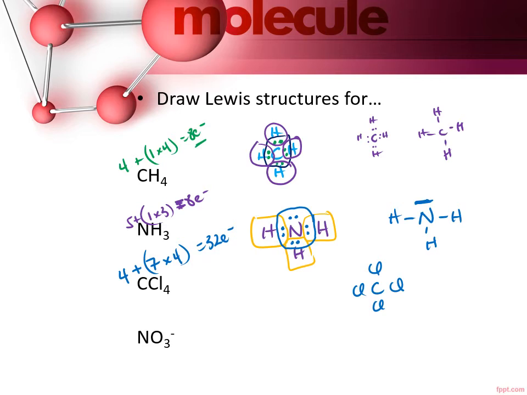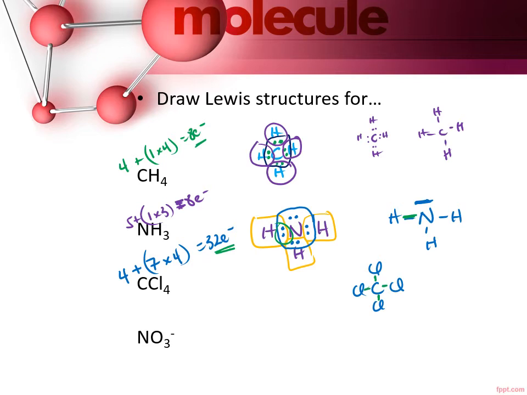Remember that each bar counts as a shared pair of electrons. So I've got 2, 4, 6, 8. Carbon is now happy. Carbon's got all 8 of its valence electrons. Its outer energy level is full. But I have 32 electrons to work with. I've only used up 8. The others are going to go to the chlorine atoms.